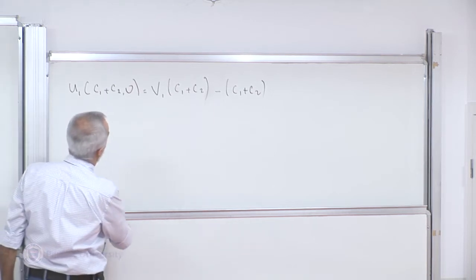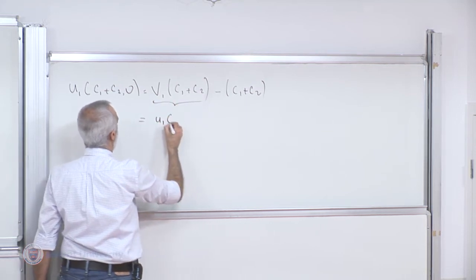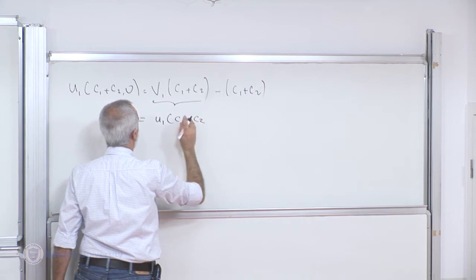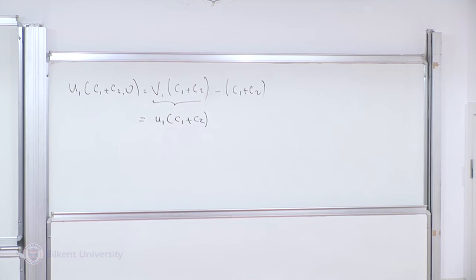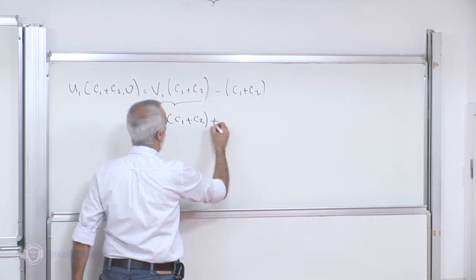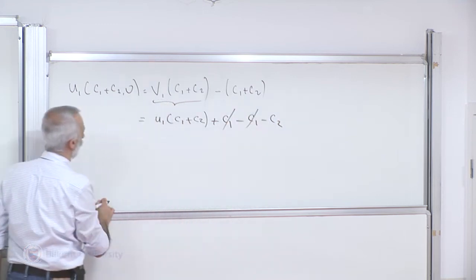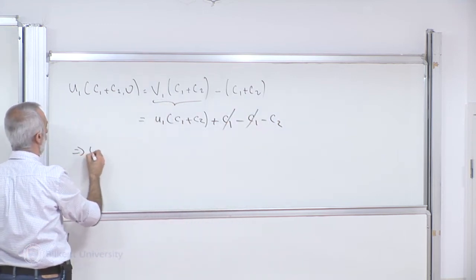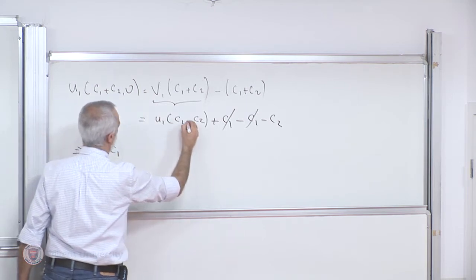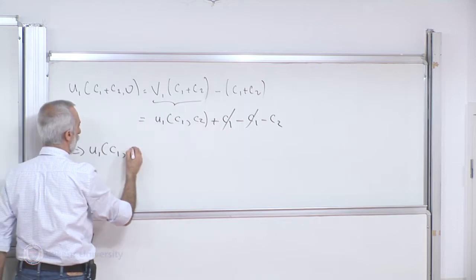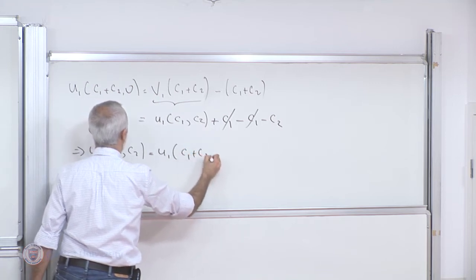But this is also equal to U1(C1 plus C2, 0). If I move this to this side, plus C1 minus C1 minus C2, that cancels out. So what we see from here is U1(C1, C2) is equal to U1(C1 plus C2, 0) plus C2.